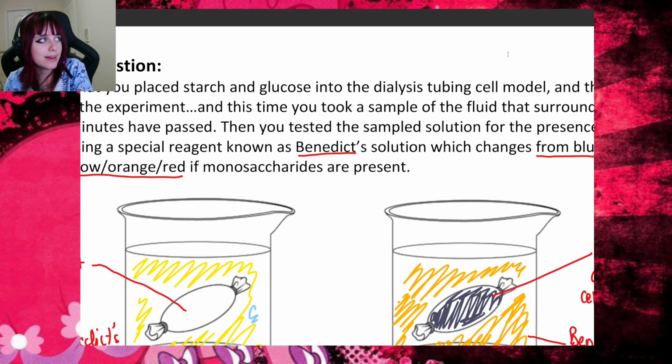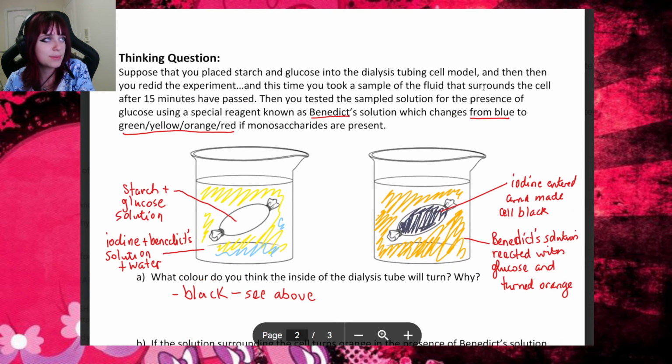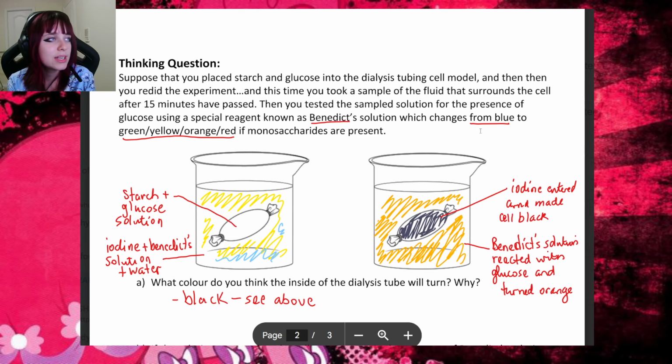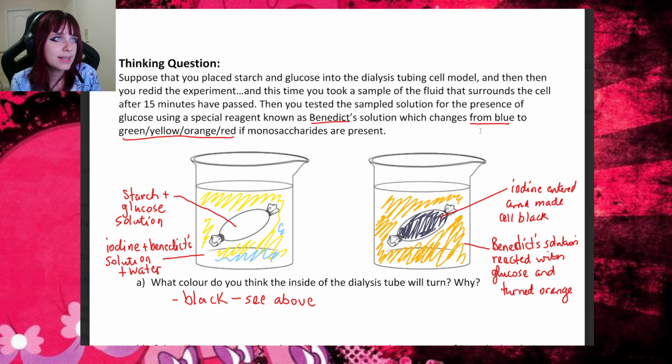Alright, now we have a thinking question. Suppose that you placed starch and glucose into the dialysis tubing cell model, and then you did the experiment. So we're putting starch as well as glucose. Starch is a big molecule.